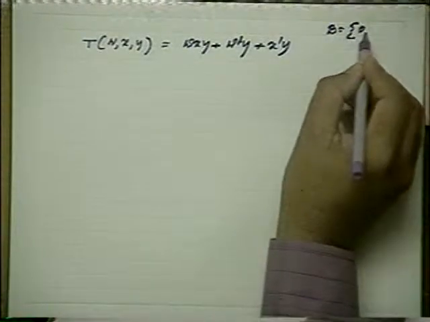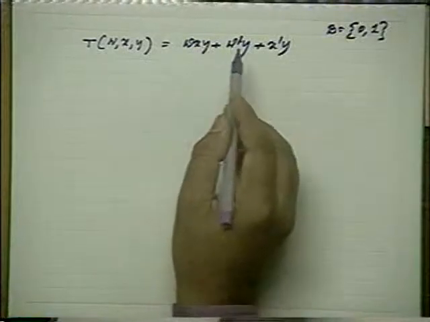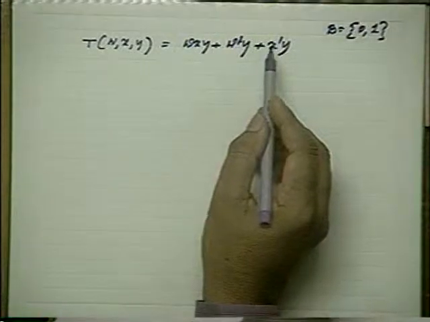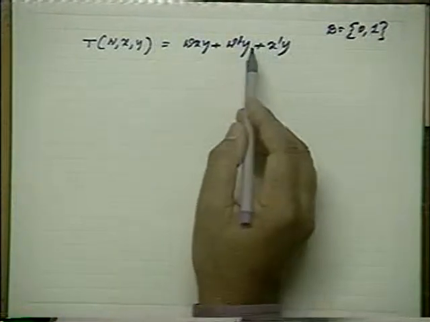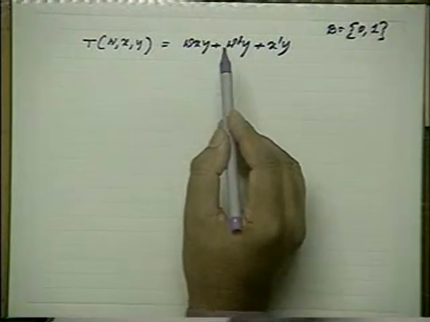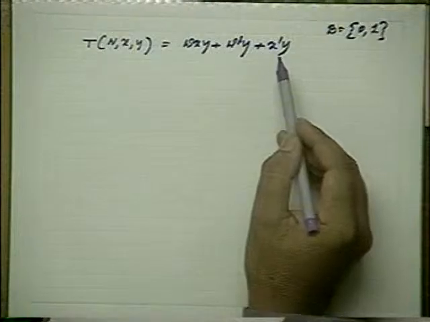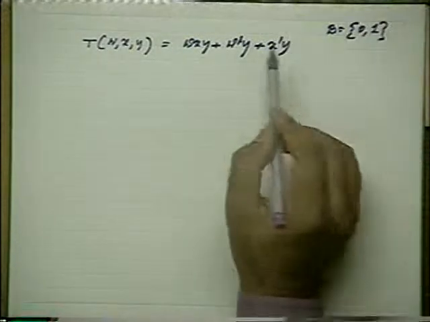Or in other words, we can say that a switching function associates to each of the 2 to the power n combinations of values of w, x and y, one element of the Boolean algebra. That means, say for example, if we say that b equals 0 and 1, and w, x, y will have how many combinations of them? Since any one can have a value of 0 or 1, there can be 8 combinations of them. For each of the combinations of w, x and y, we associate one element from b, that in fact defines a switching function.